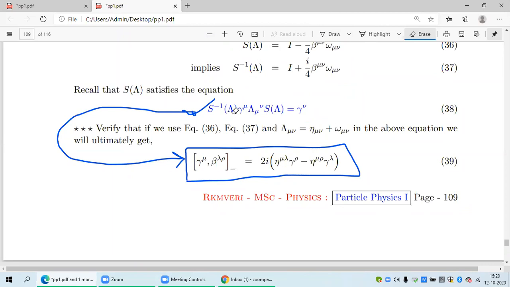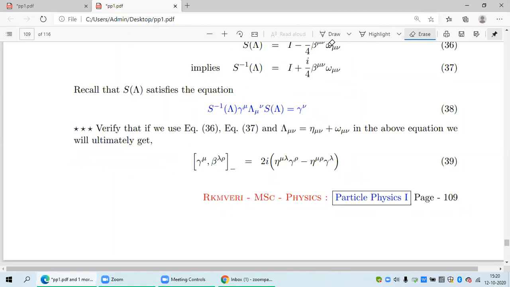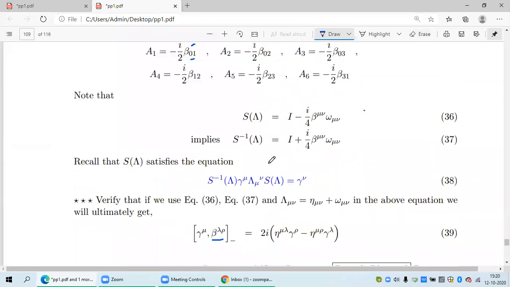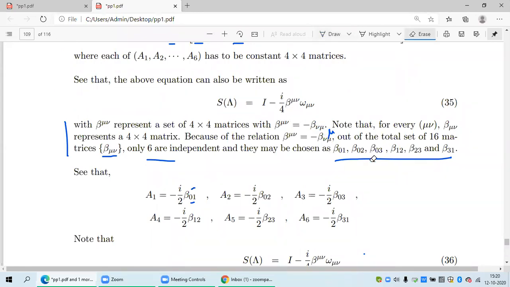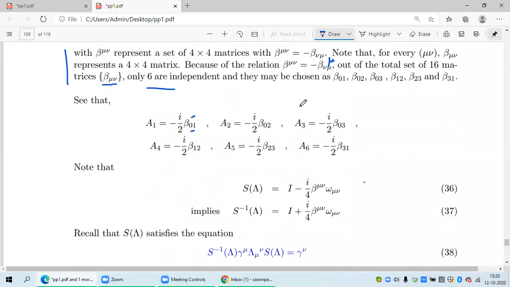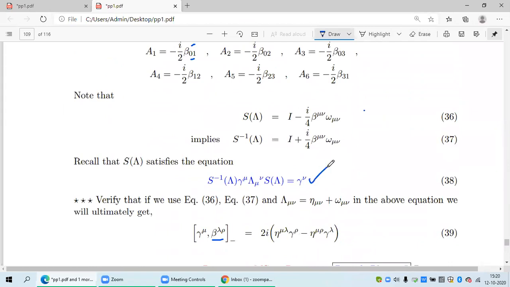If you do so, then this matrix beta, which appears here in the form of the infinitesimal Lorentz transformation matrix, you get some information that the matrix should be such that this condition should be satisfied, or in other words, this condition should be satisfied.